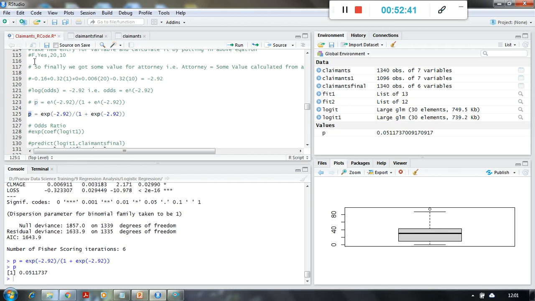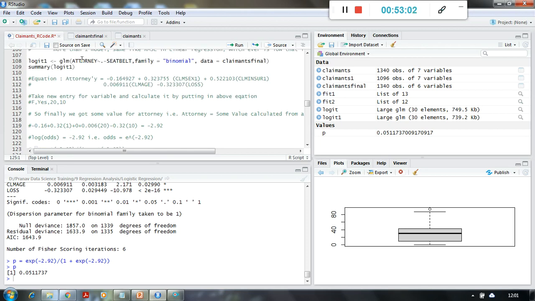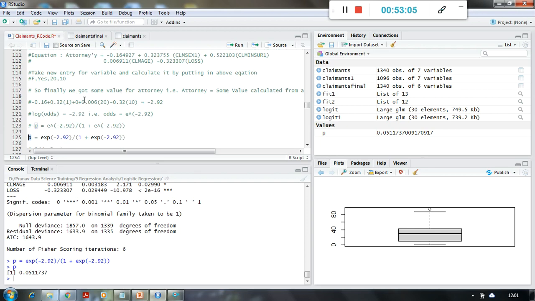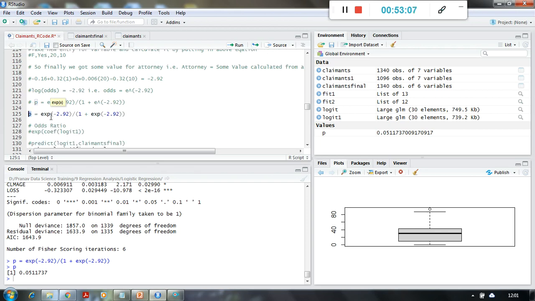0.05%, which means the female whose driver is uninsured, who is having her age as 20 and her losses are $10, if I put these values in this model, then the output I'm going to get as probability is to check whether that particular female will hire an attorney or not.